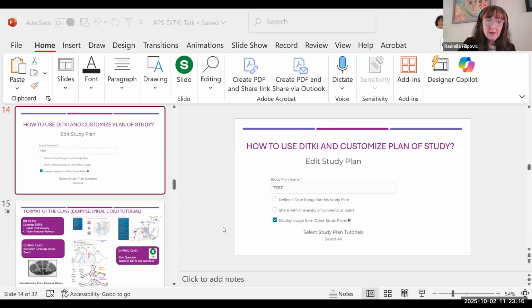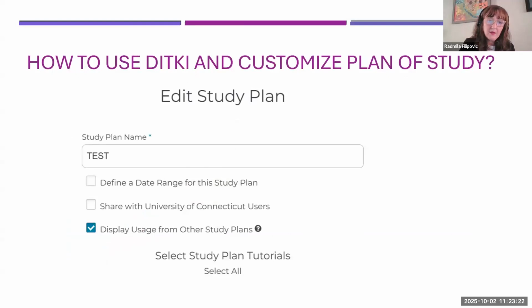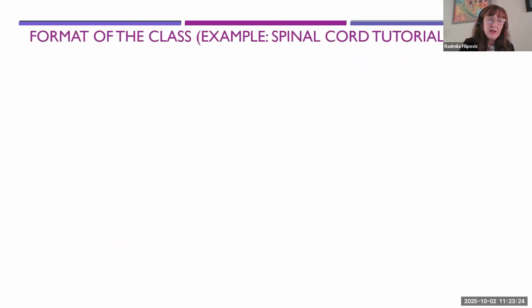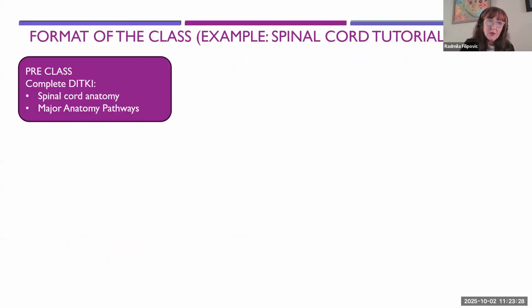So that is how you create your own study plan, and you can select or deselect the tutorials you want. With that, I will talk a little bit more about how I format my class.